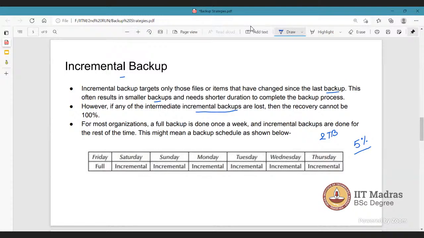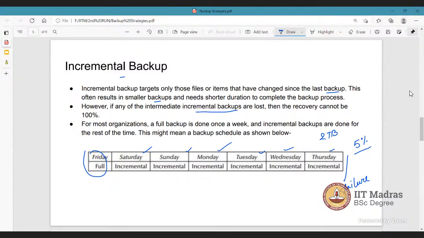If a failure occurs after Thursday, the backup sets required will be the one full backup performed on Friday, and then the incremental backups performed on Saturday, Sunday, Monday, Tuesday, Wednesday, and Thursday. In this manner, we can use incremental backup.